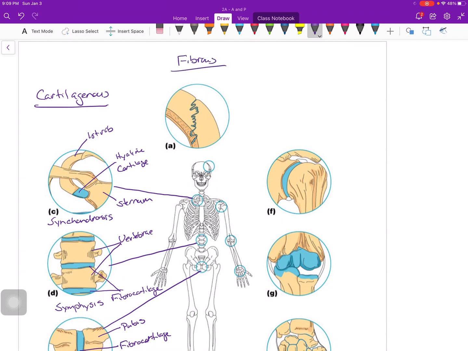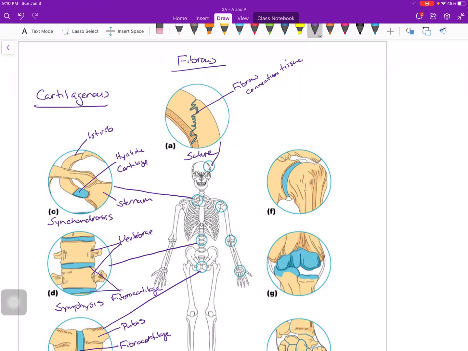They have that fibrous membrane. This would be the fibrous connective tissue here. And that would be a suture, okay? And you can connect that to there.